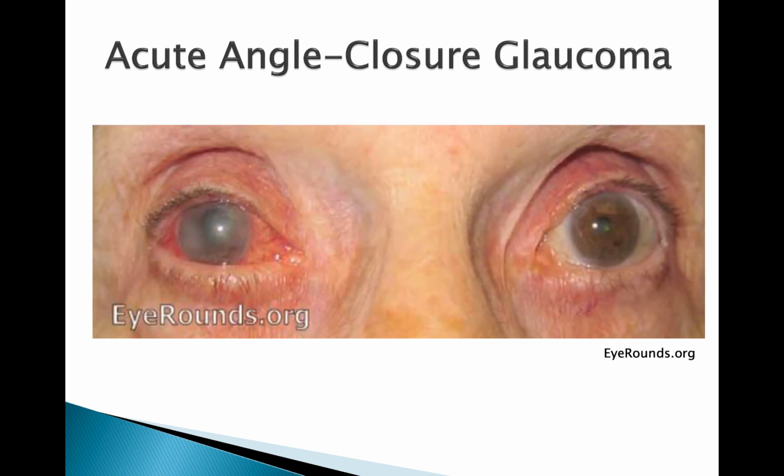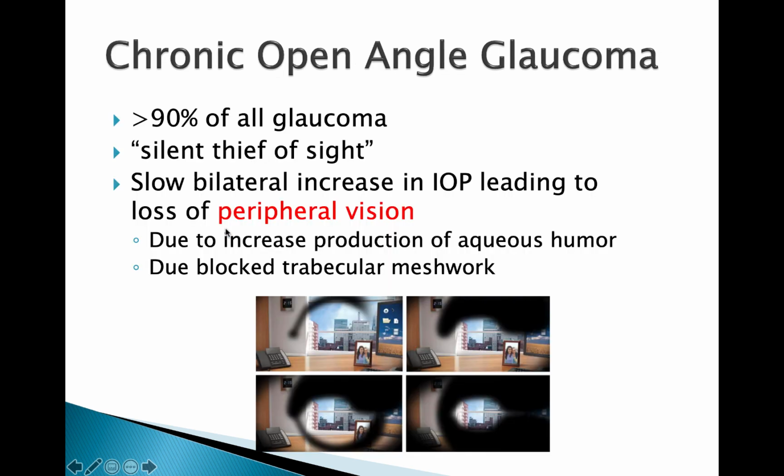So here again is a really good example of when we talk about that steamy cornea. On the left-hand side, you can see it kind of looks like the cornea has been in a shower and it has that steamy appearance over top of it. And then you can also see the fixed mid-dilated pupil on the left-hand side.